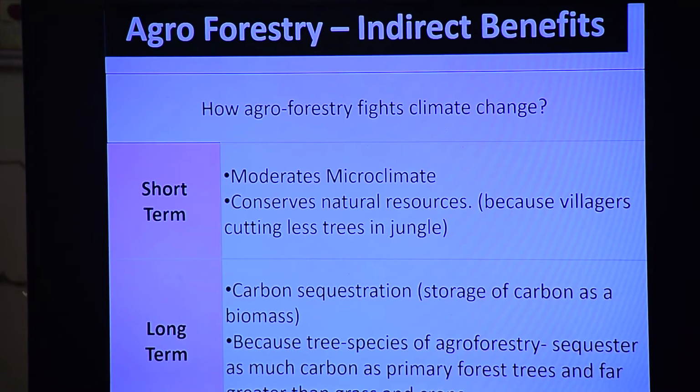It will moderate the microclimate in the short term, and it will also help in conserving natural resources, meaning water resource, land resource and other natural resources. People will also cut forest resources less. Therefore, what did I say it does in the short term? Listen to me carefully. What did you see in the short term? I said that it will help in moderating the microclimate and help in conserving natural resources.